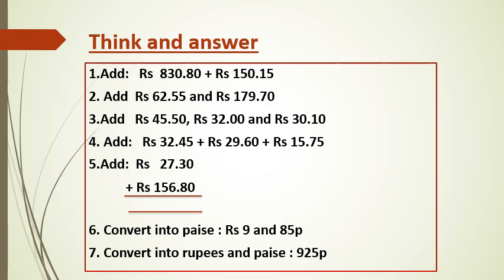Number 4. Add rupees 32.45 plus rupees 29.60 plus rupees 15.75. Number 5. Add rupees 27.30 plus rupees 156.80. Number 6. Convert into paise.